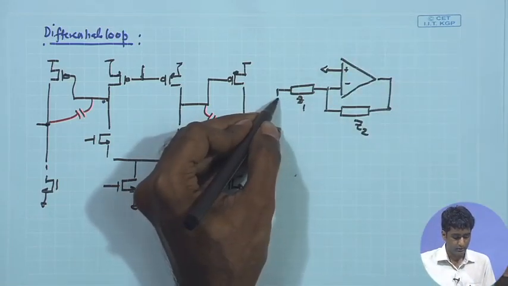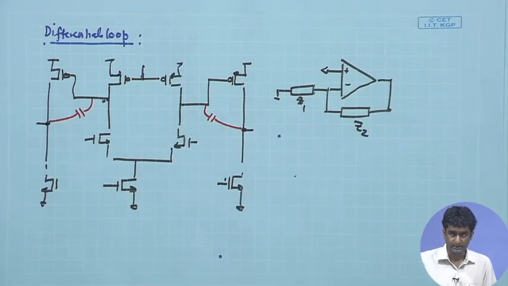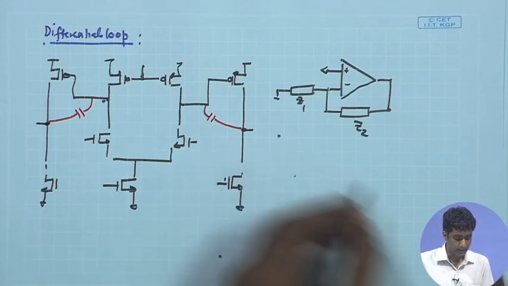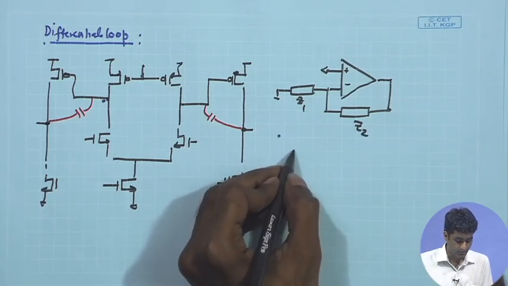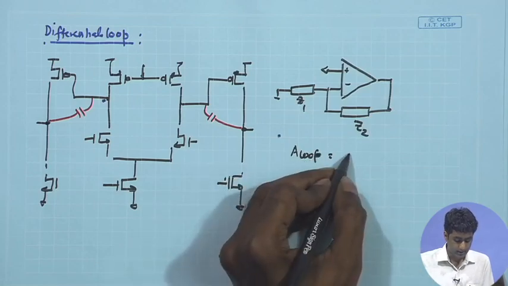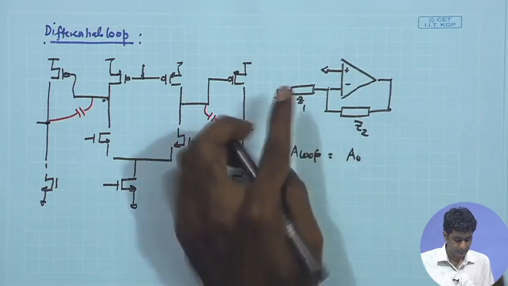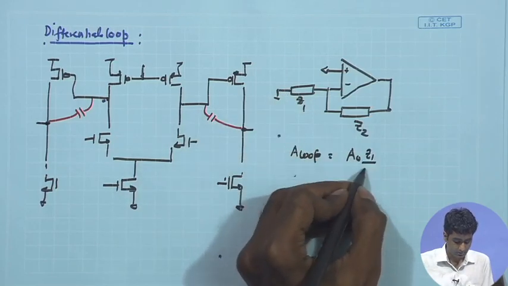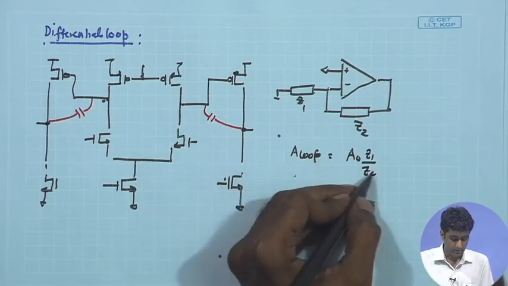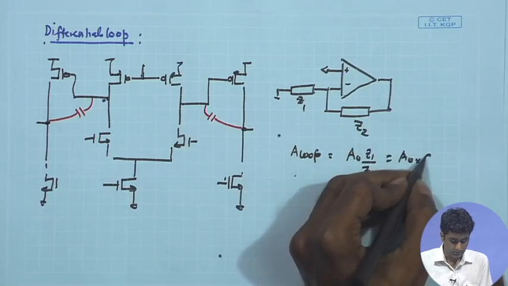And using our discussions, we also arrived at the loop gain for this case. So, we said that the loop gain for the negative configuration was given by A naught, that is the gain of the amplifier, times Z1 upon Z2, or in our case when you are using capacitors, it was A naught times C2 upon C1.